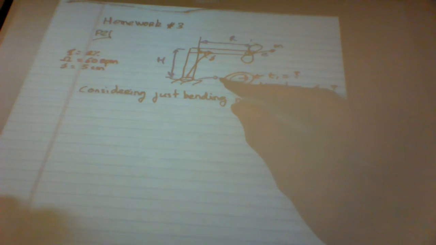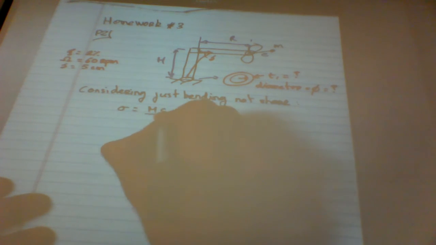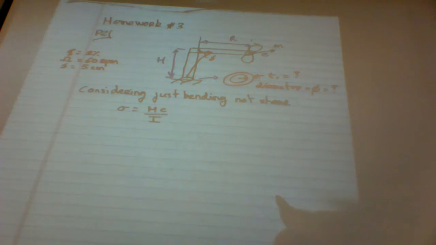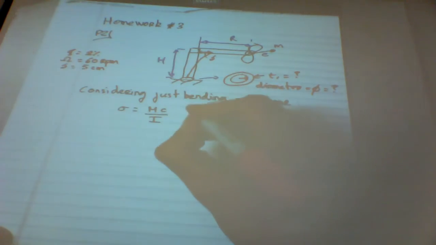But let's just say my initial design will be for bending, not for shear. So if we do it that way, what is the equation we are concerned with? I have the M C over I, no? Okay, so from this equation, thinking aloud, actually, we know C should be equal to what?